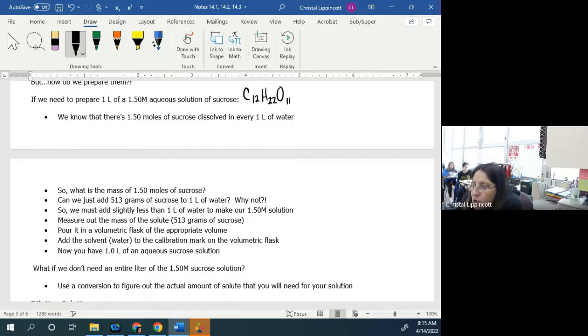So I need to find the molar mass of this. 12 plus 11 plus 11, 166 plus, I need to take oxygen, 11 times 16.